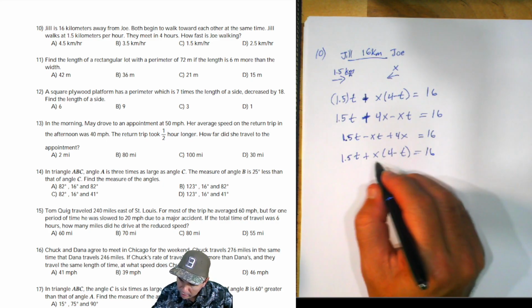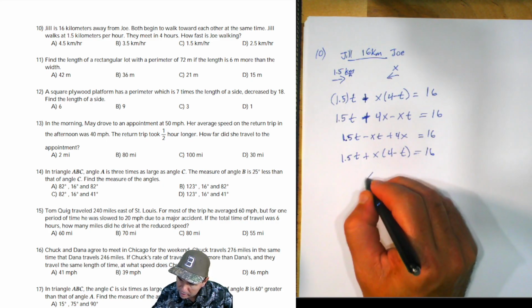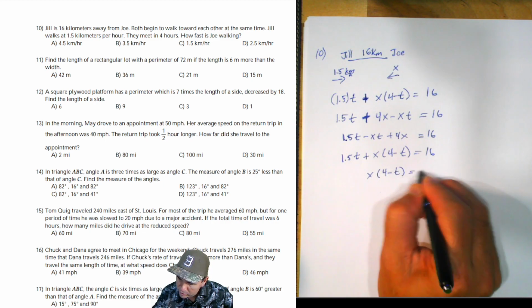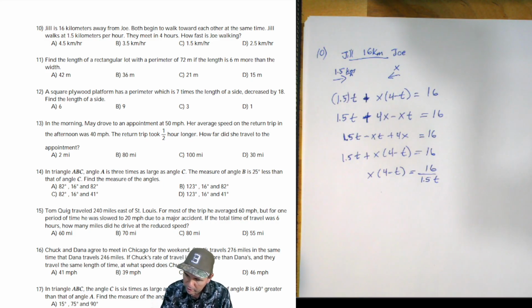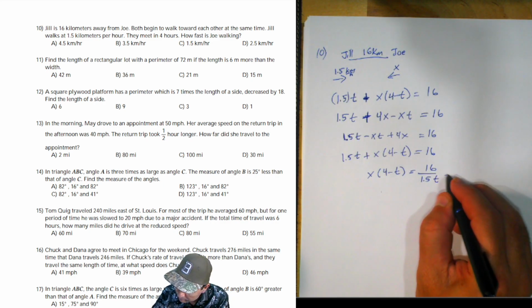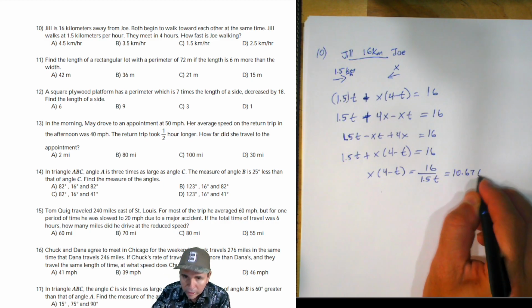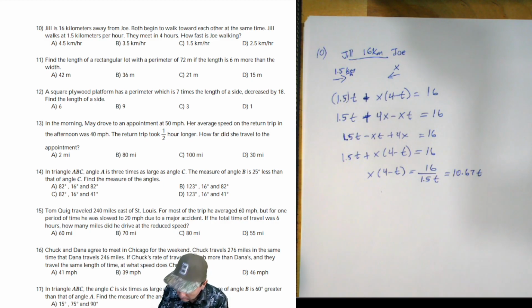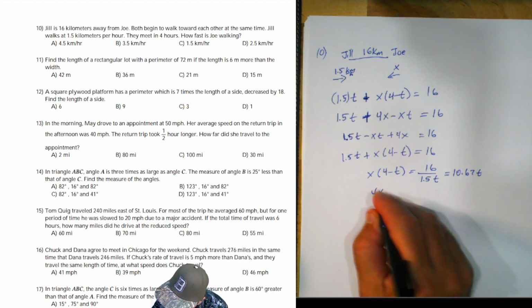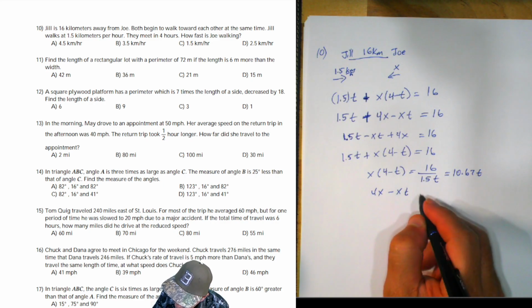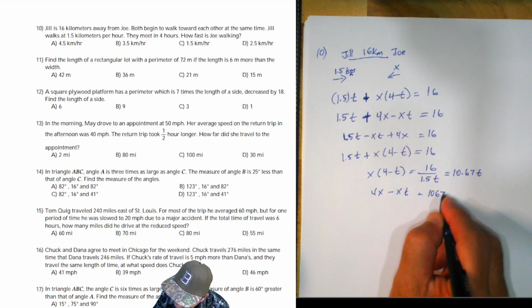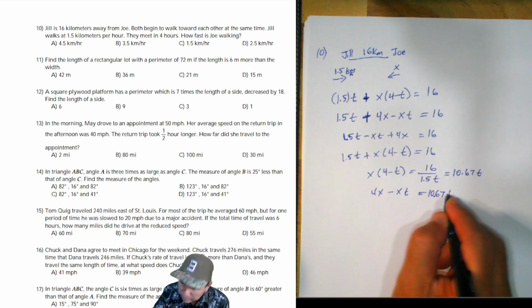So let's go ahead and leave x alone. So we have x times 4 minus t equals 16 over 1.5t. But we know what 16 divided by 1.5 is. That's going to be 10.67t. And then over here we have 4x minus xt equals 10.67t.